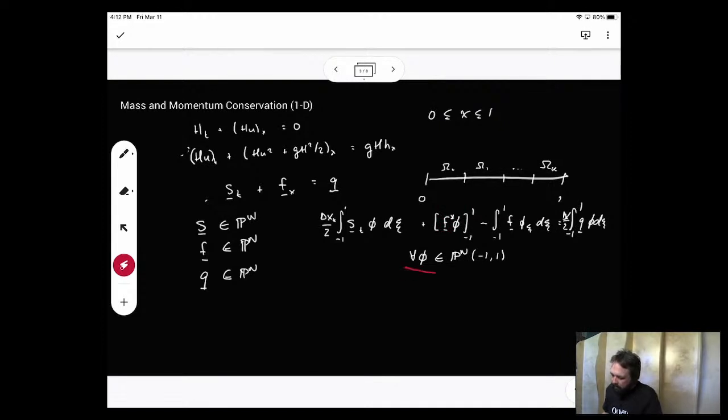Now, for this statement for all phi in P_n, we just need a basis, a set of functions that all other polynomials of degree n can be described as. And the easy way to do that is to pick Lagrange interpolating polynomials of degree n.